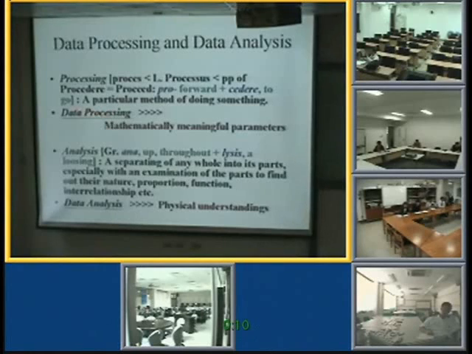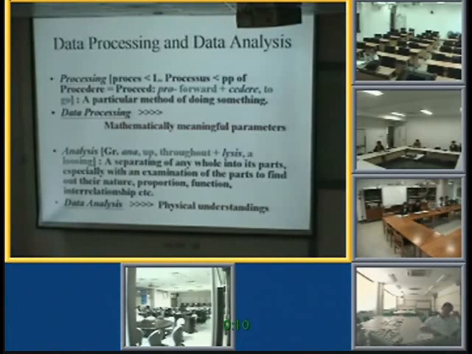So because of that, data processing usually gives you mathematically meaningful parameters. Why mathematically meaningful? Because the algorithm is defined mathematically. It has nothing to do with the physical problem. For example, Fourier analysis can be used anywhere. When they designed Fourier analysis, they did not have anything particular in mind, even though Fourier had the heat conduction problem in mind.